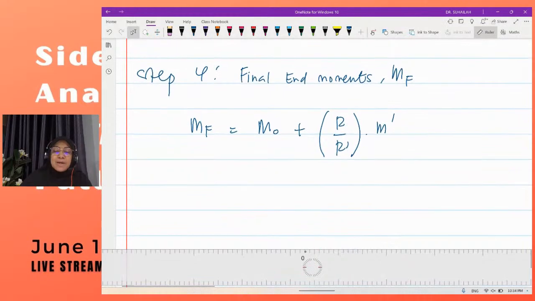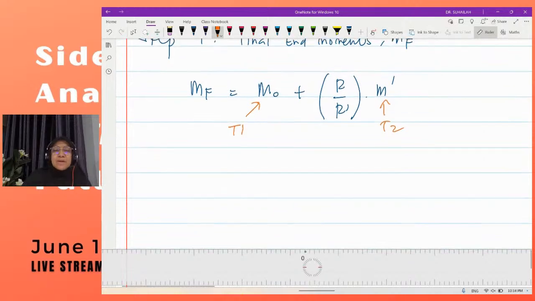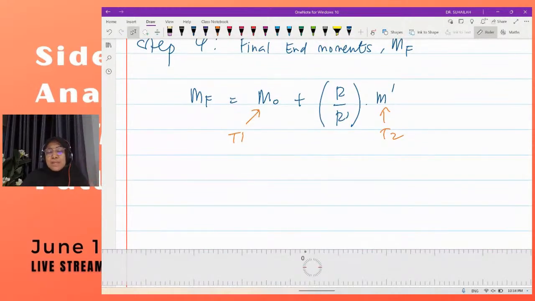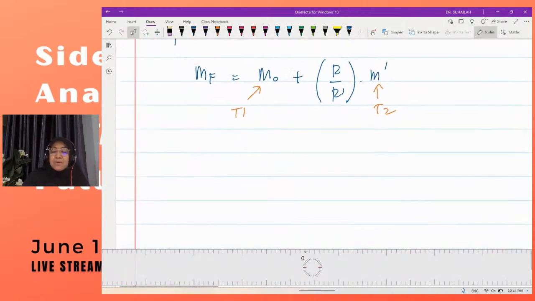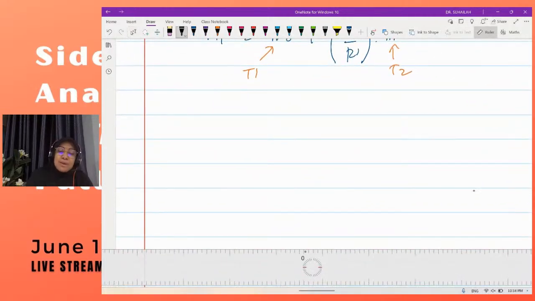Then you just need to give the final end moment values. You can summarize in a table if you want, or you can also just give it like this.